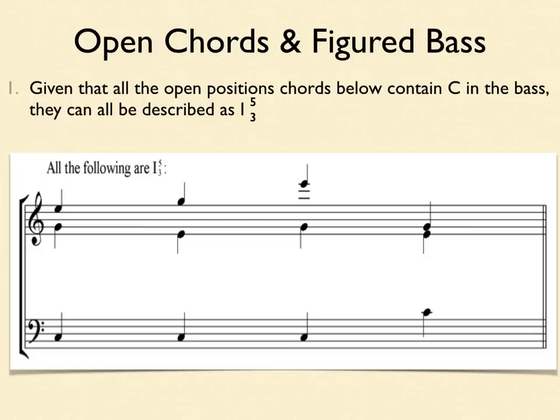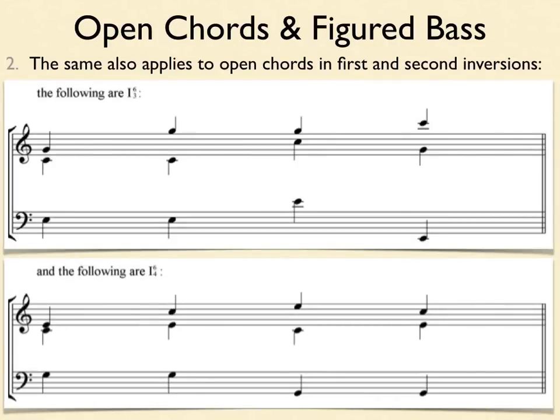So it doesn't matter what order the notes are above it; the notes change for each chord above that C, but they're all described as 1-5-3. It's just because you've already got the C at the bottom, so regardless of what position you put the chords above that, it doesn't change what overall position the chord is. Because the C's at the bottom, it's going to be root position. Your E and G can be above it anywhere, as you can see.